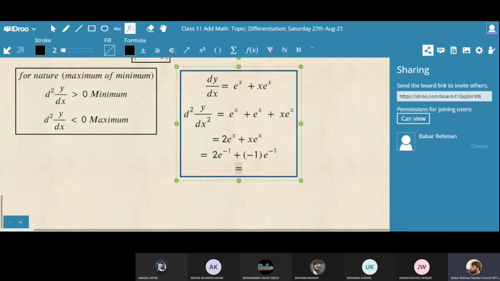For the double derivative, we will just find whether it is less than 0 or greater than 0. So the next step, please. 2 over e, then plus minus 1 over e. Then we can also write it as 2 minus 1 over e.